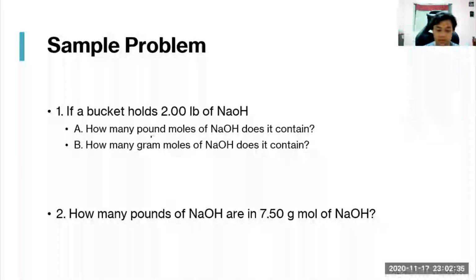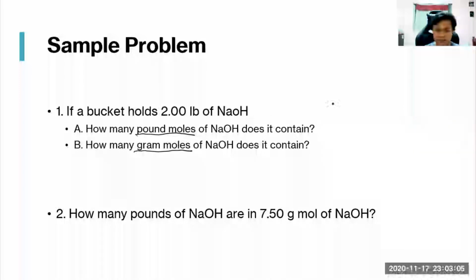There are two different things: first we are required to find pound moles, and then to solve for gram moles. For the second item, we are asked how many pounds of sodium hydroxide are in 7.5 gram moles of NaOH. Let's get right into it.